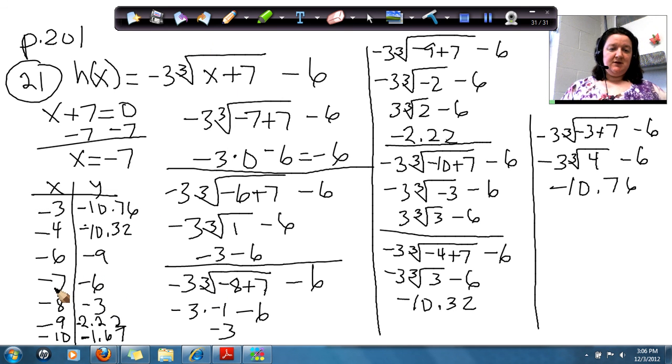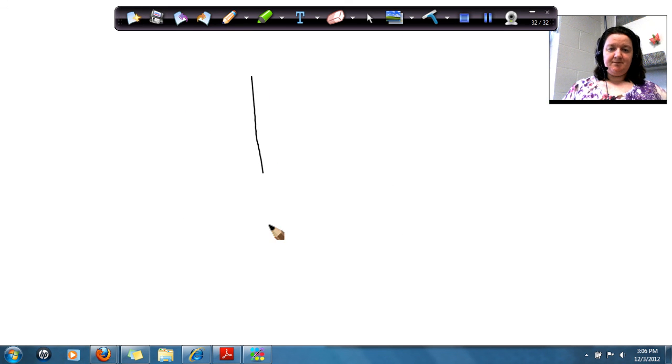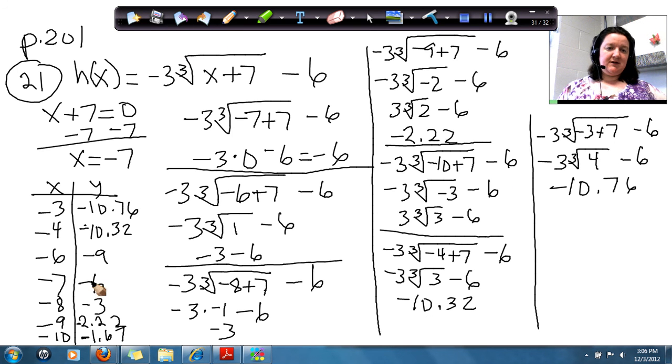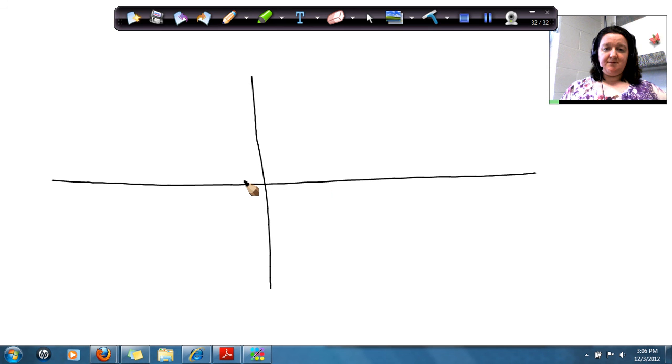We have negative 7, negative 6. That's the first thing we're going to plot: 1, 2, 3, 4, 5, 6, 7 across, and 1, 2, 3, 4, 5, 6 down. Negative 7, negative 6.